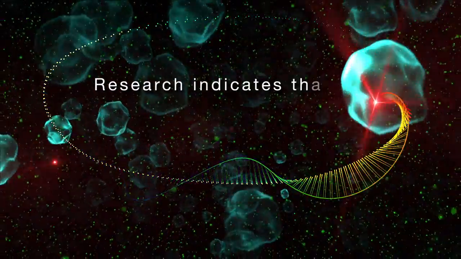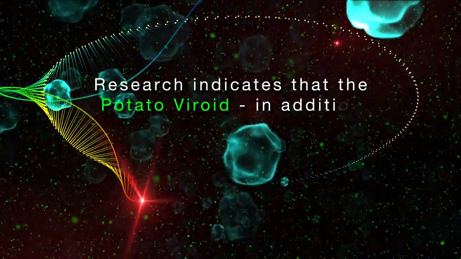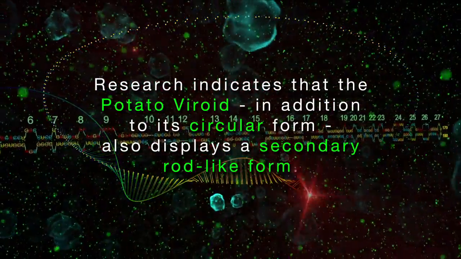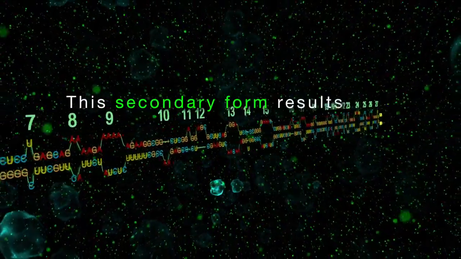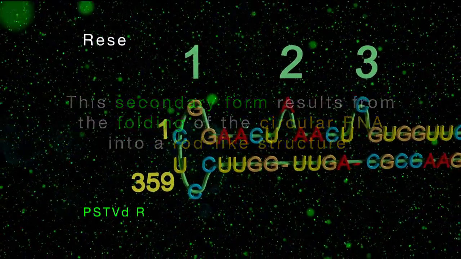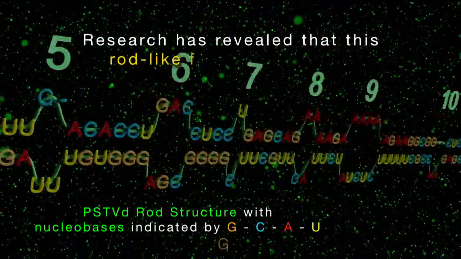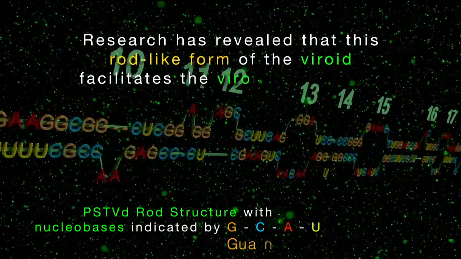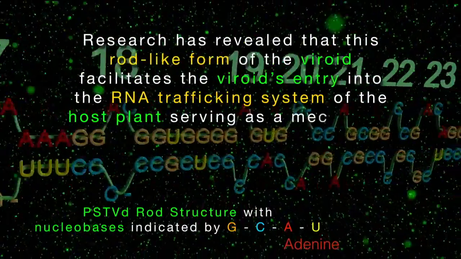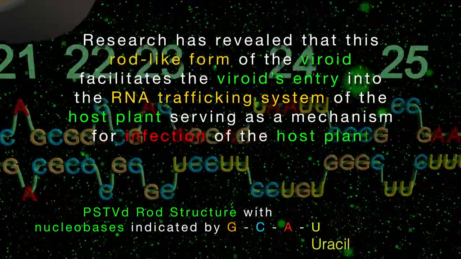Research indicates that the potato viroid, in addition to its circular form, also displays a secondary rod-like form. This secondary form results from the folding of the circular RNA into a rod-like structure. Research has revealed that this rod-like form of the viroid facilitates the viroid's entry into the RNA trafficking system of the host plant, serving as a mechanism for infection of the host plant by the viroid.